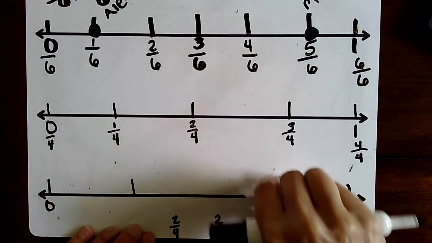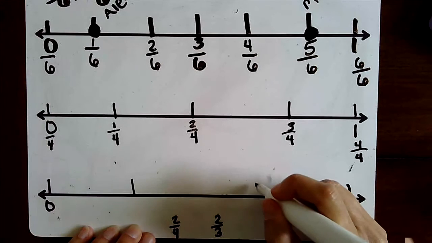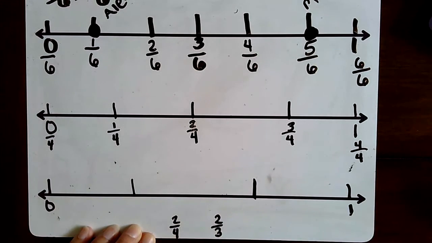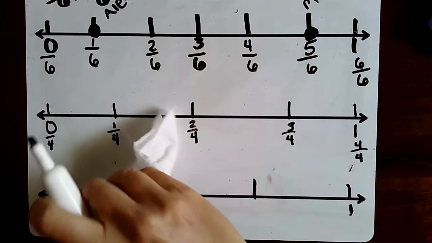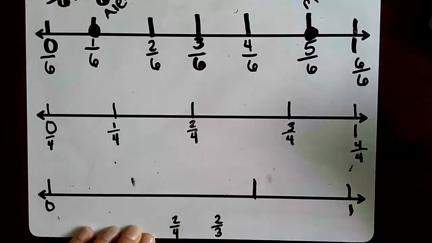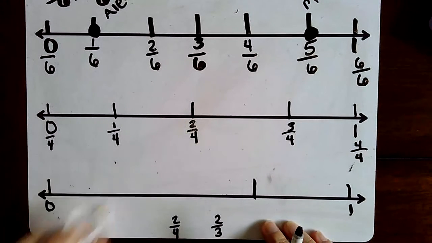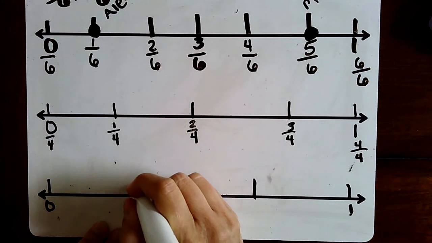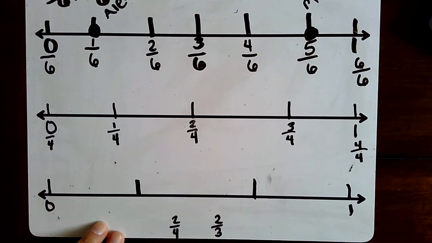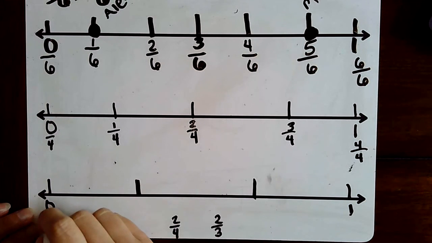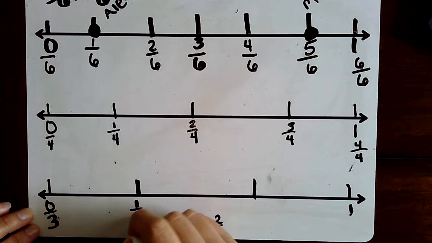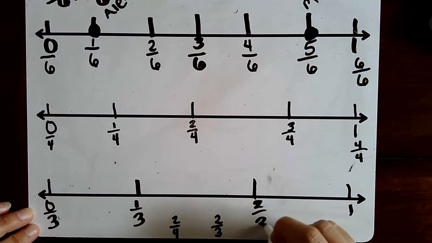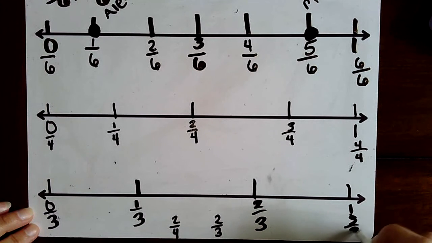My middle section looks a little bit longer, so I'll even it out. I still think this one's just a little longer. You may be doing the same thing. Hopefully you have a pencil with an eraser. Pretty good. Okay, and so for labeling this one into thirds, I have 0/3, 1/3, 2/3, and 3/3.